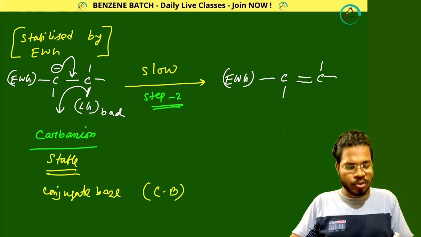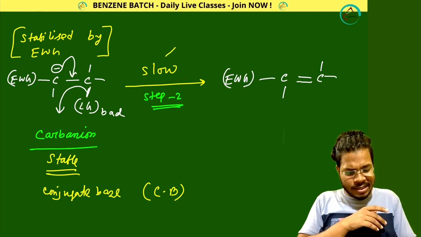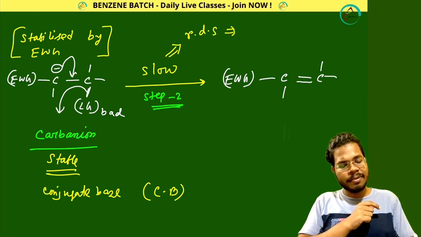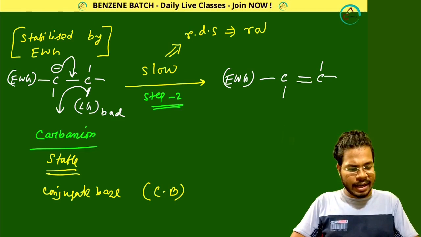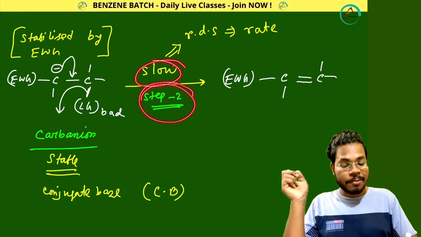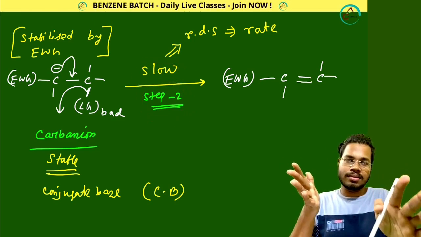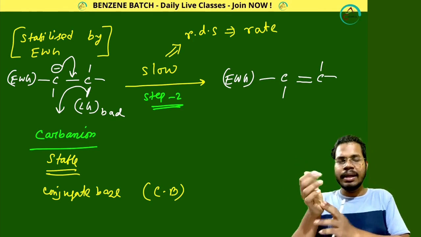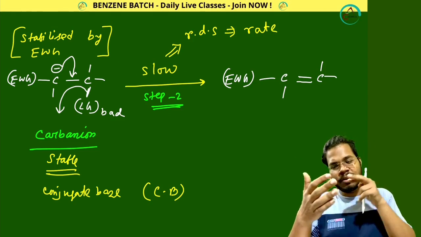That means step 2 is the slow step, and as it is the slow step, I can write that this step is the RDS or rate determining step. That means this will determine the rate of the reaction. So look at this, here step 2 is the slow step, but in case of E1 reaction, step 1 was my RDS or slow step.